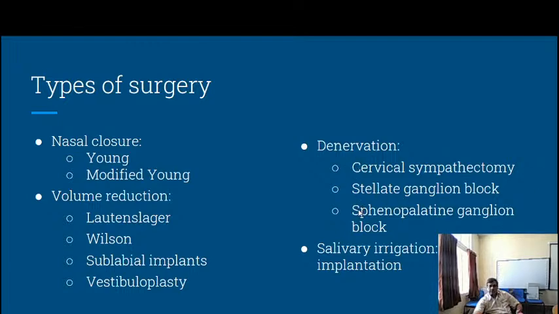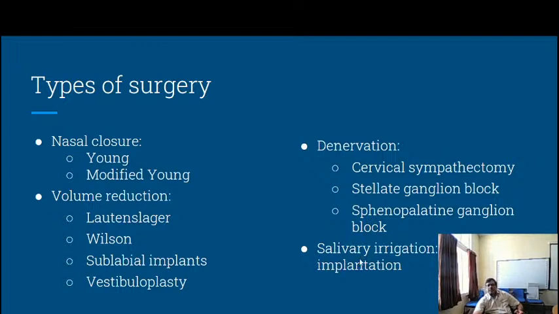So the sphenopalatine ganglion block is one which, to some extent, helps in increasing the secretomotor fibre stimulation and the regeneration of the mucous membrane.